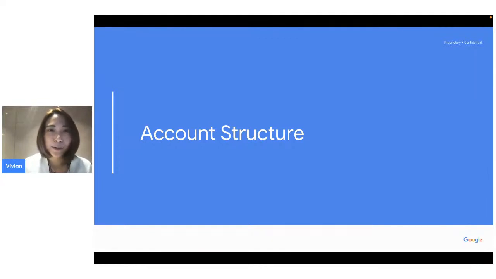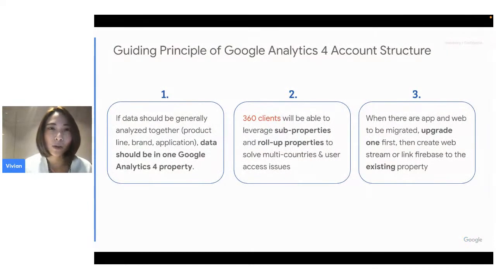So now I want to spend a little bit more time to talk about account structure. Account structure is not a feature that we want to activate, but this is also a very important concept and something that you would like to review with your client, even before you help your client do the dual tagging.